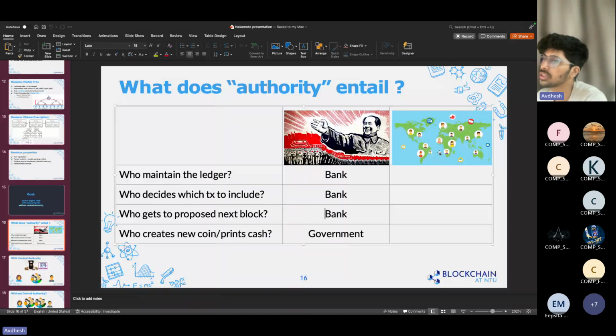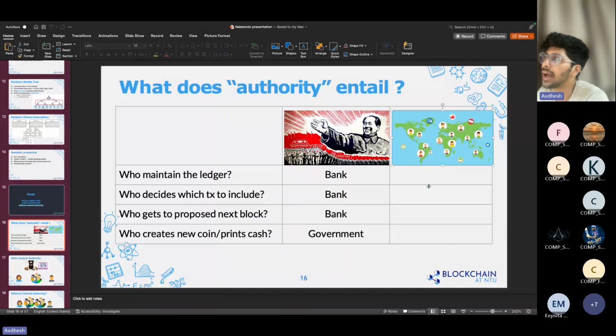But for the decentralized world, for an online world, or in the case of Bitcoin, we don't want to have a central authority, right? Because we saw in the 2008 crisis that there are people who suffered because of banks just shutting down, just going broke. So we don't want banks or any central authority to control our own money.